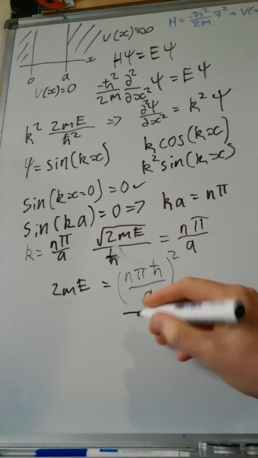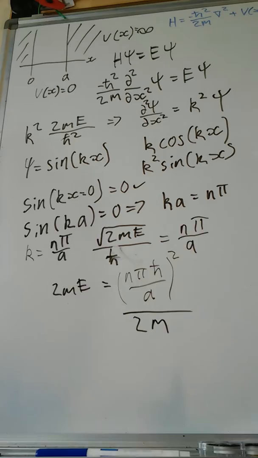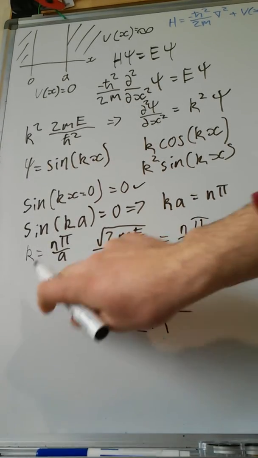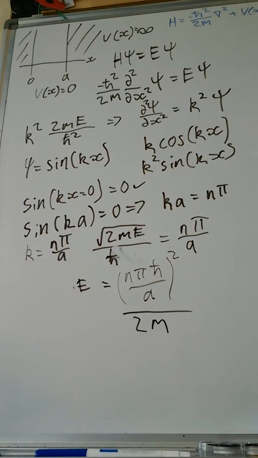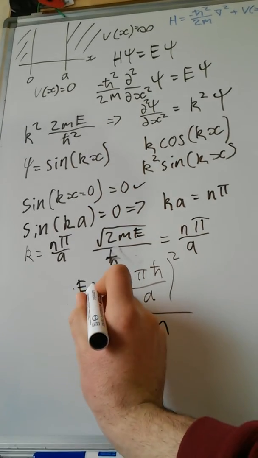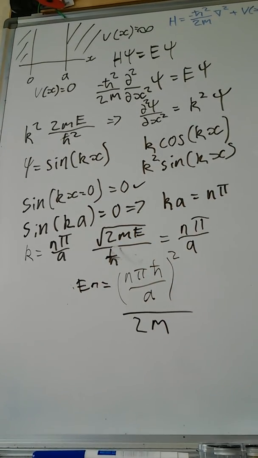Now we can just divide by 2m, and that can be simplified a whole lot. But then what we get is the quantization expression for En.